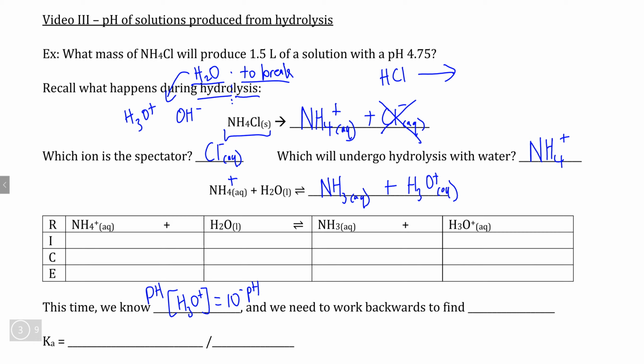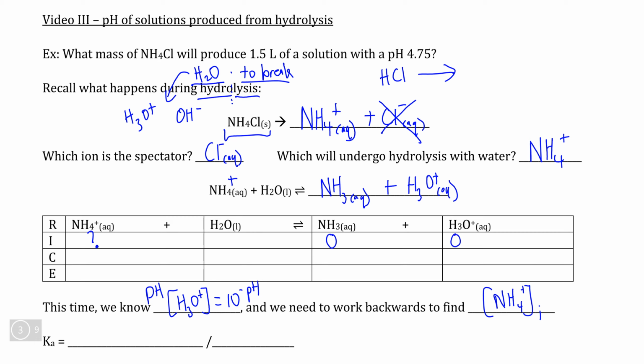And we actually need to work backward in order to figure out what the concentration of NH4+ is at the initial time. So here, we don't know what our initial concentration of NH4+ is. All that we know is that we got it through adding an unspecified amount of ammonium chloride into a solution of water.